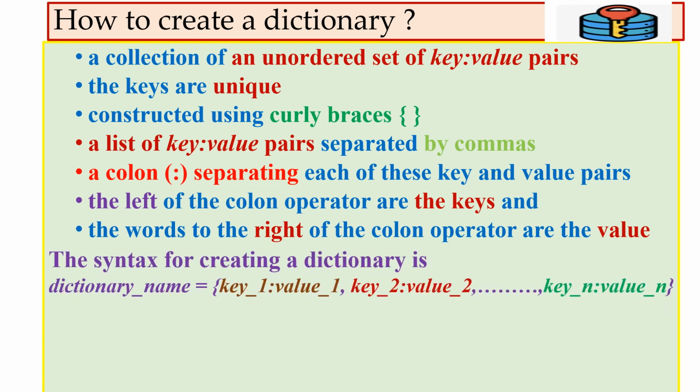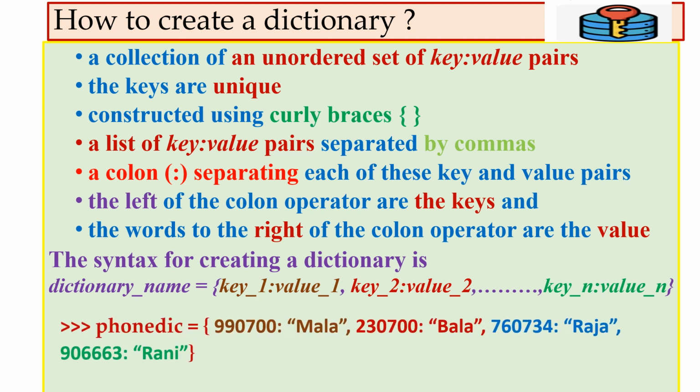The syntax for creating a dictionary is that we can just have the name of the dictionary equal to some set of key value pairs enclosed within the curly braces. So it starts with the first key value pair and it can end up with n number of pairs. For example, we can define the phone dictionary where the key is the phone number and the value is the person's name.